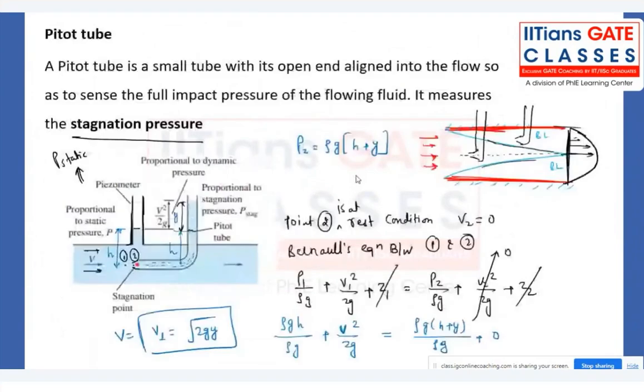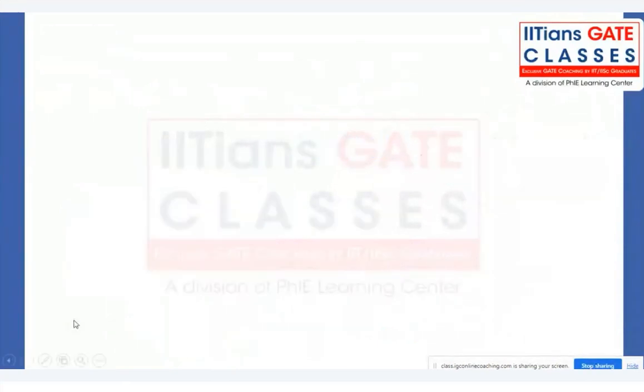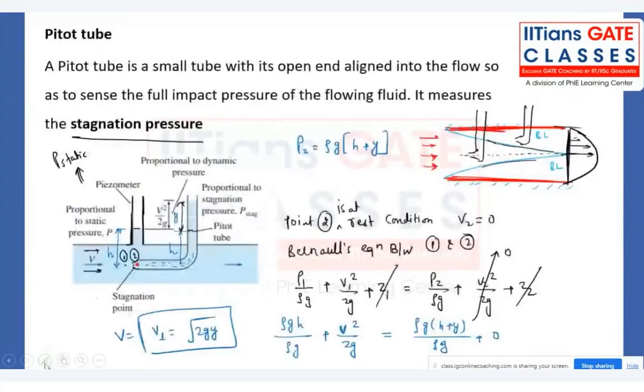Now, we have seen some basic fundamentals of the pitot tube: it is placed exactly at the centroid, the center of the pipeline, and with the pitot tube alone we measure only the stagnation pressure. We cannot measure the static pressure. Whenever we want to measure static pressure, we have to insert a piezometer or manometer.